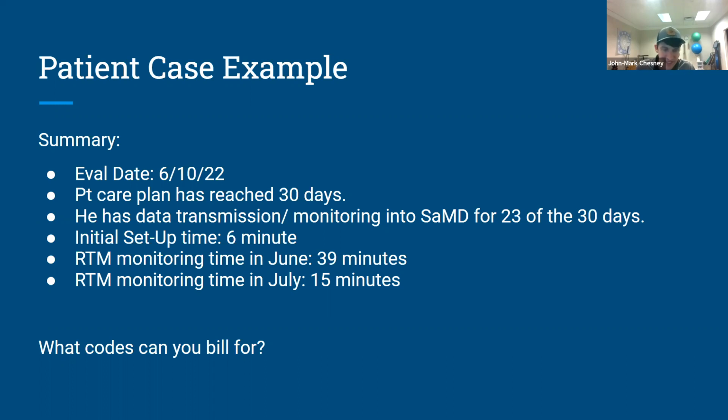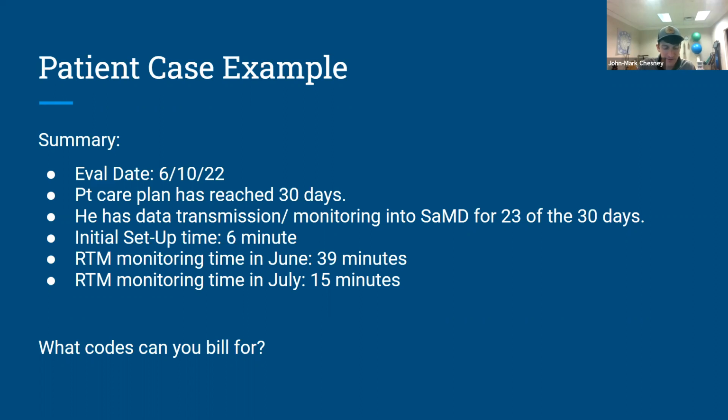So at this point, the question is: are you able to determine what codes you are able to bill for this case? This is where it would be handy to have the cheat sheet, because there's probably a lot of information going on in your head, and without that reference, it's hard to determine what has been satisfied for the codes.